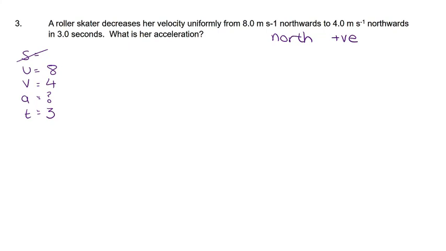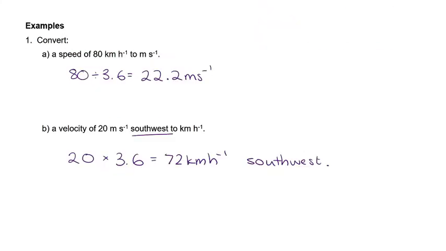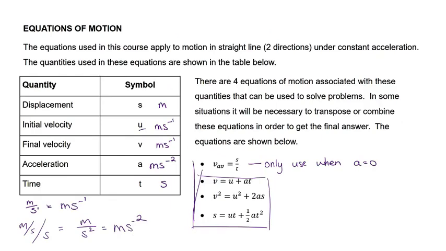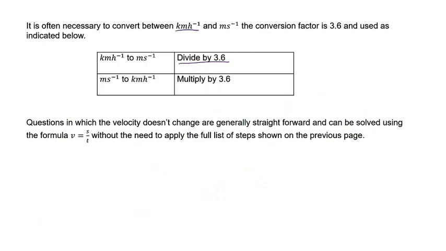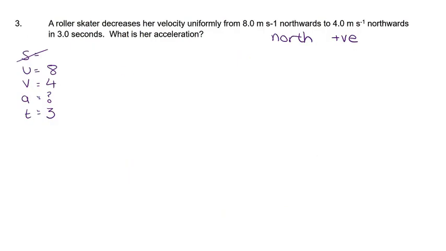So what I do is I go back to my equations and I look for the equation that does not have an S in it. That's the one I want to use. So this first one has no S, so I'm going to use that one. V equals U plus AT. Okay, then I substitute in the variables that I've got written down.